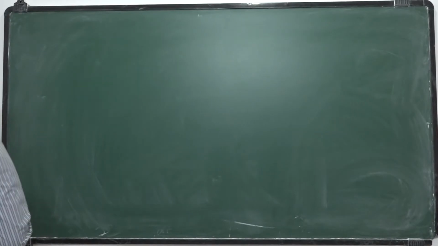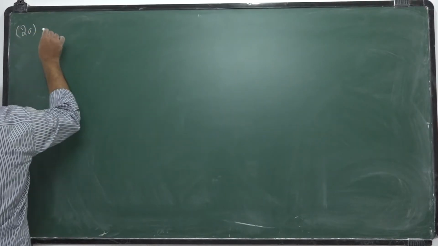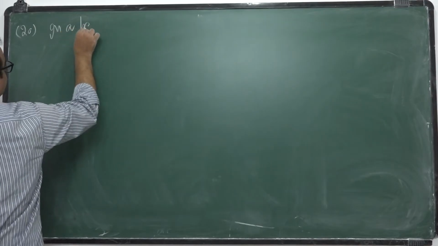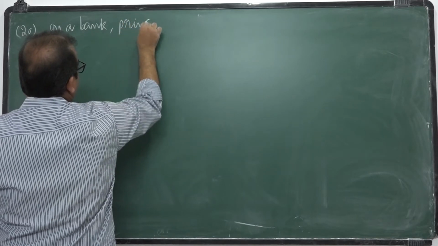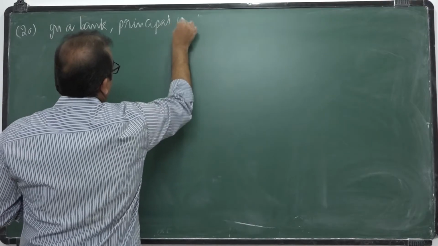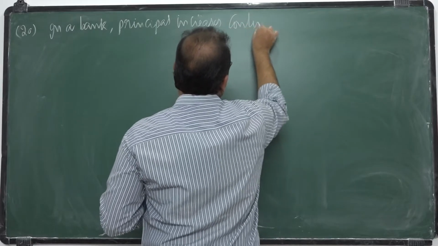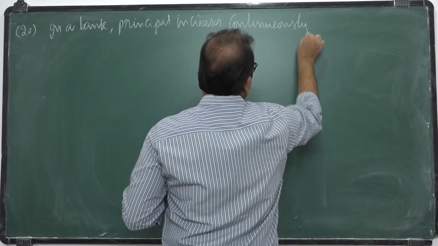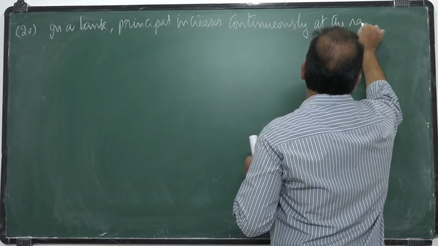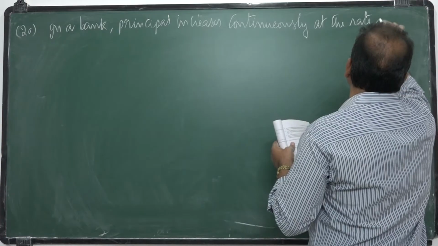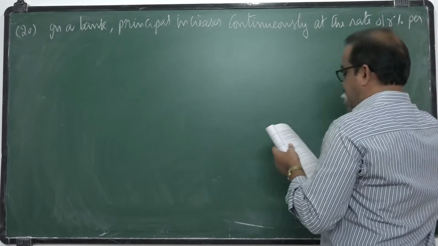Next, 20. In a bank, principal increases continuously at the rate of R% per year.